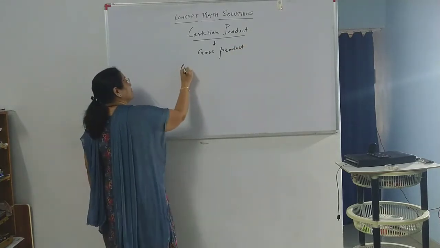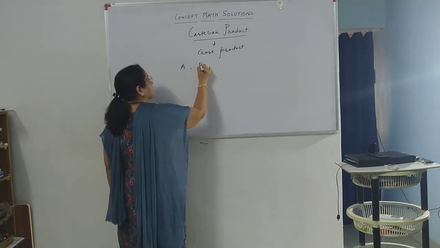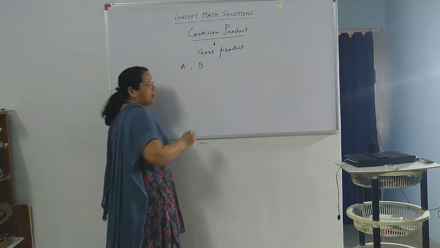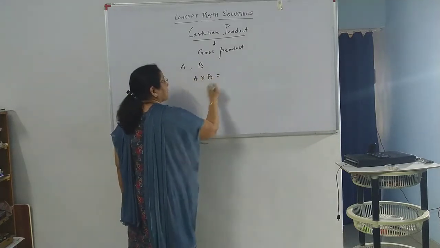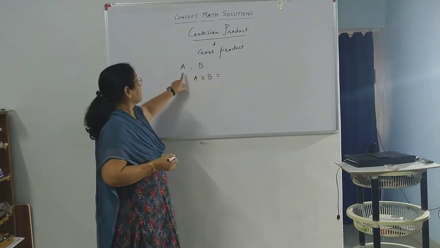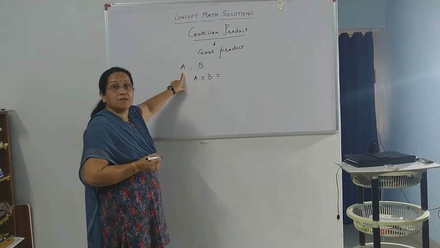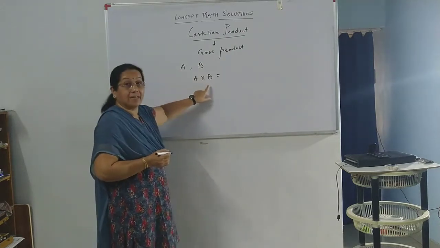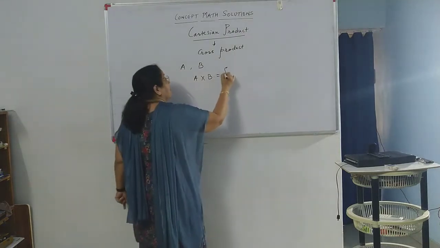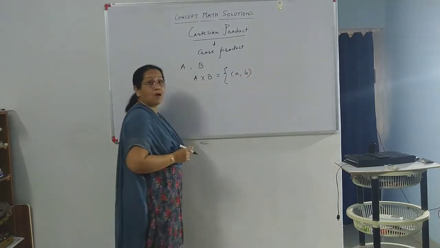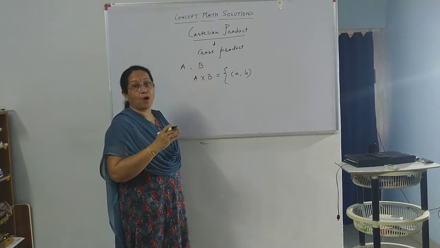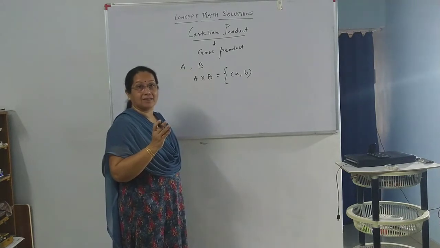Suppose A is the first set and B is the second set. Now A cross B, that is the cross product or Cartesian product of set A with set B, is defined as an ordered pair. Ordered pair means you plotted the points in the Cartesian system, right?